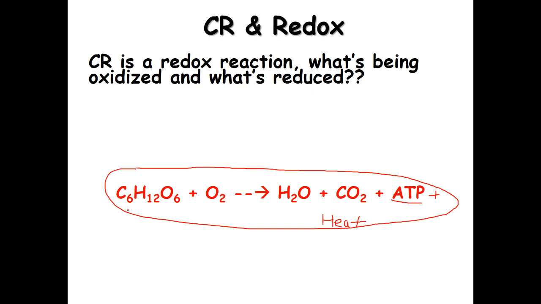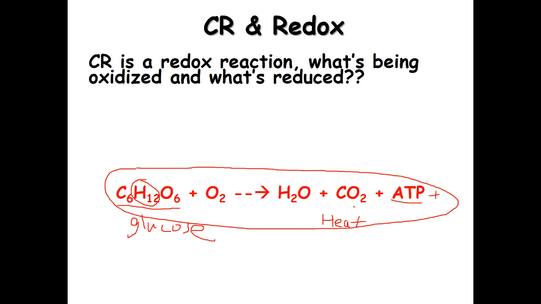Okay, so Harley got it right, and then you guys also got it right. So let's look at this equation here. If you look at glucose here, which is this guy, look at all the oxygen, look at all the hydrogen here.